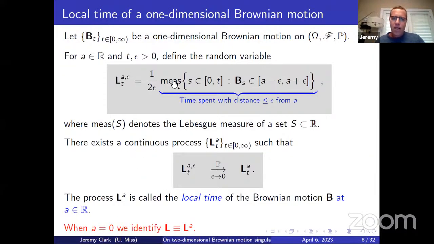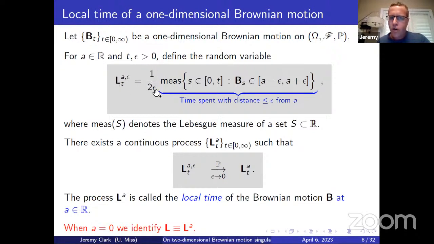Okay. So now I want to talk about local time. This is going to be a one-dimensional Brownian motion. Now, fix a point in space A. You can take it to be 0 if you want. Now define the following random variable.